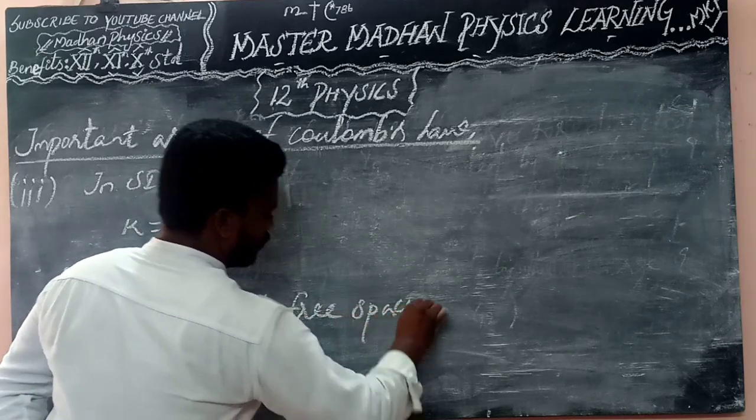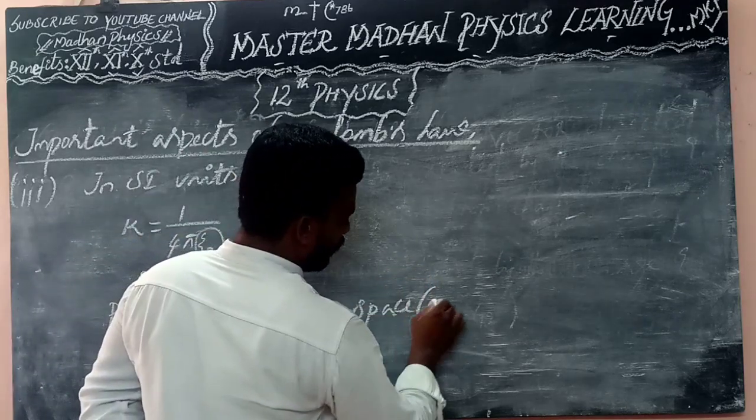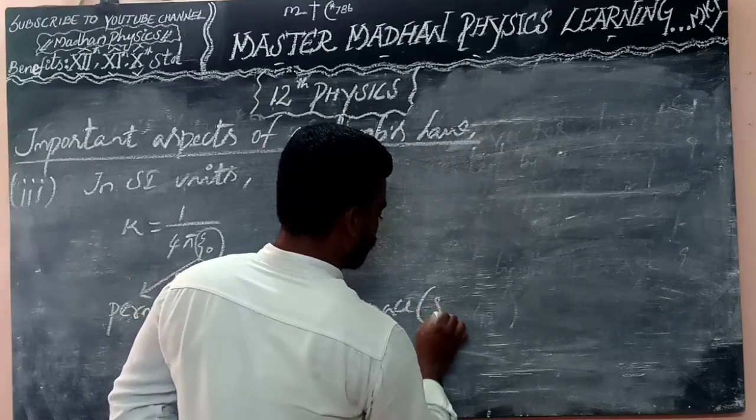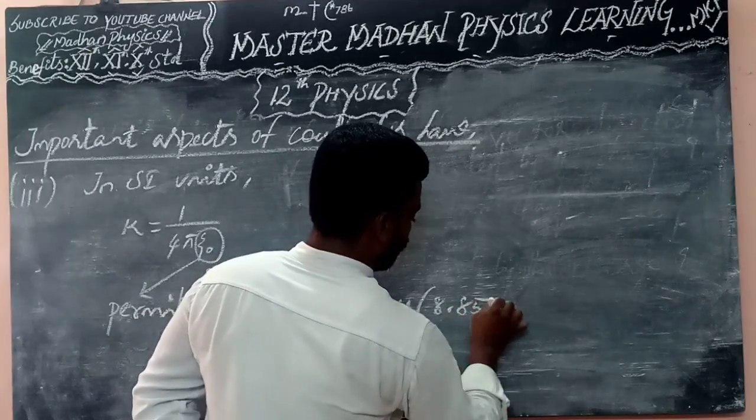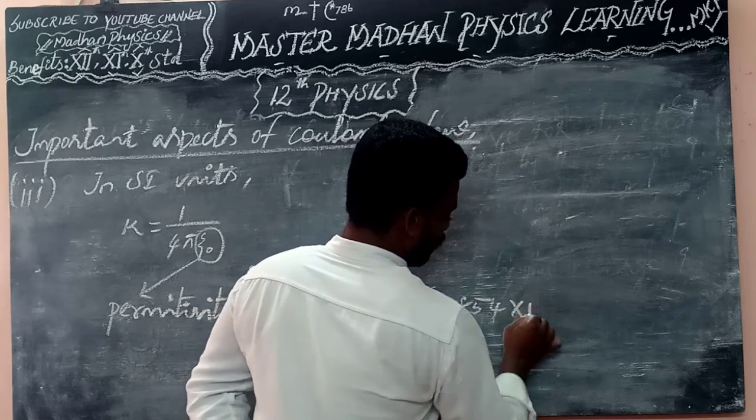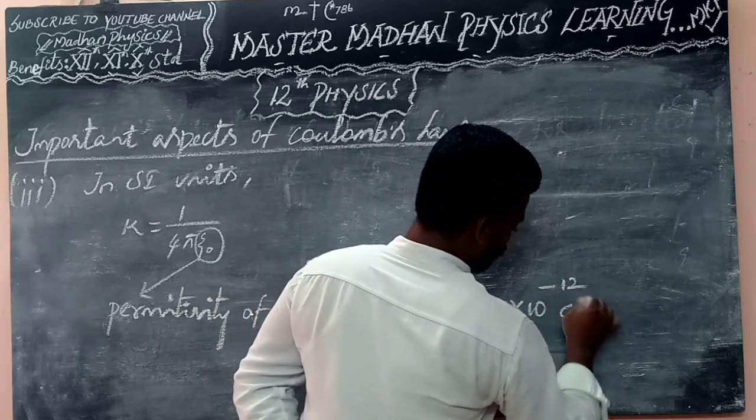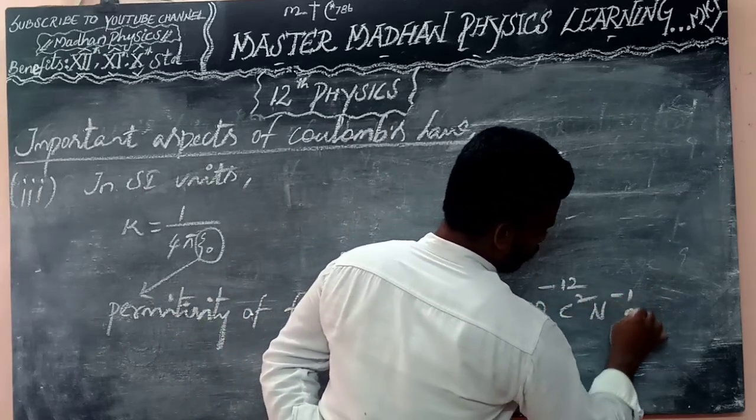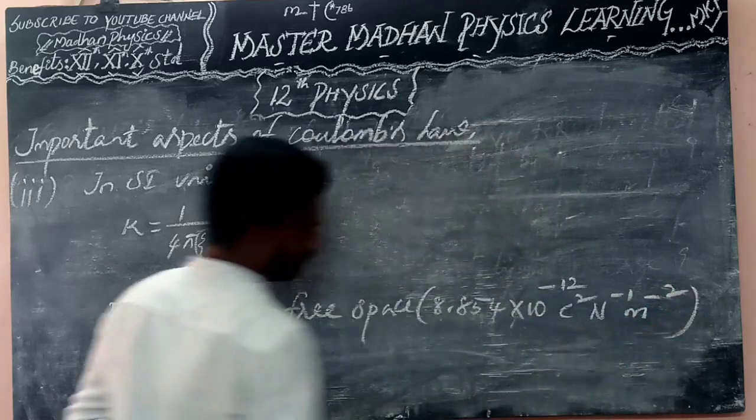The value of this epsilon naught is 8.854 into 10 power minus 12 Coulomb square Newton inverse meter power minus 2.